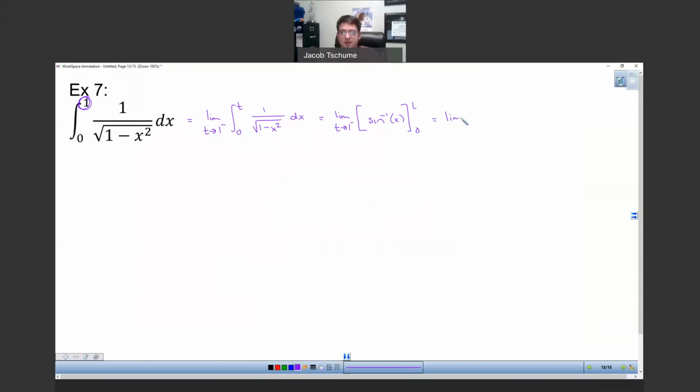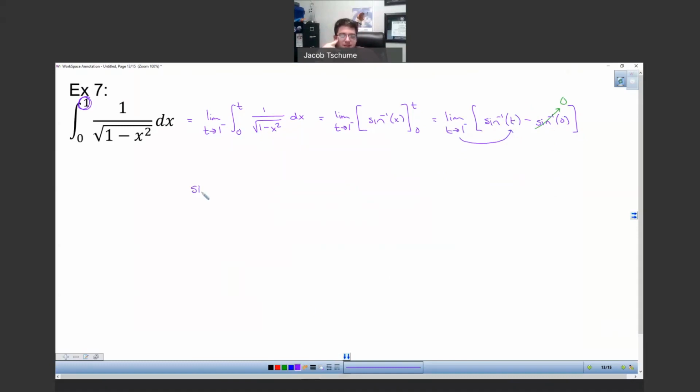This will become the limit as t approaches 1 from the left. So plug your upper parameter in, and that's inverse sine of t minus the inverse sine of 0. Now, inverse sine of 0 is just 0, so that term actually goes away. Once you have fully simplified your integral, you will then take your limit value and plug it into the function.